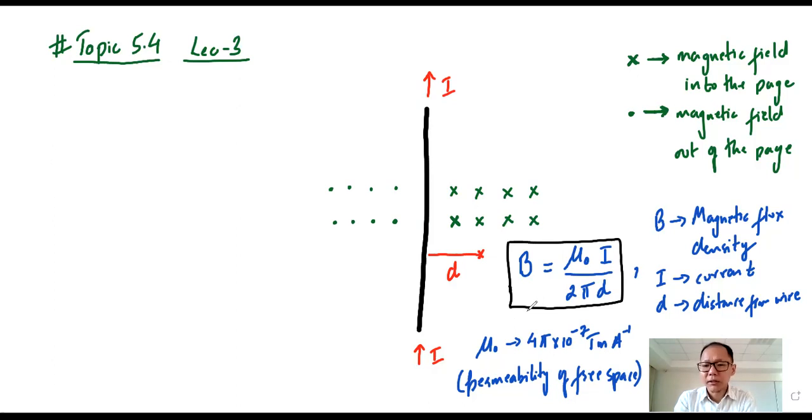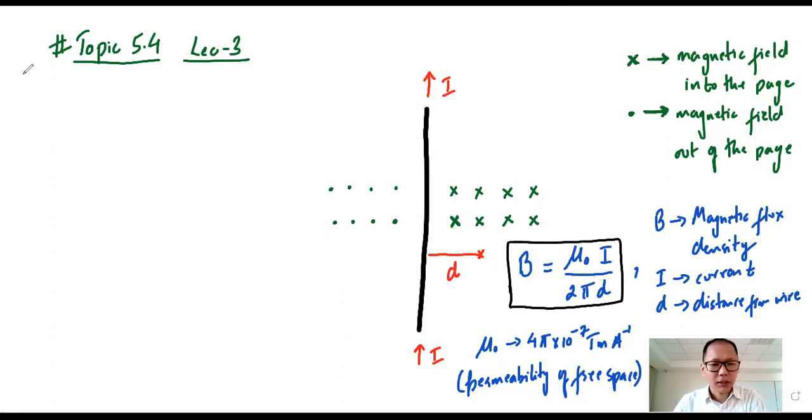So the permeability of free space is the least effective medium that permeates the magnetic field. Okay, if instead of free space you have a ferrous material, then the magnetic field would be more prominent in that particular medium. So you can think of the mu as that. Okay, so this is about the magnetic flux density calculations, the formula.